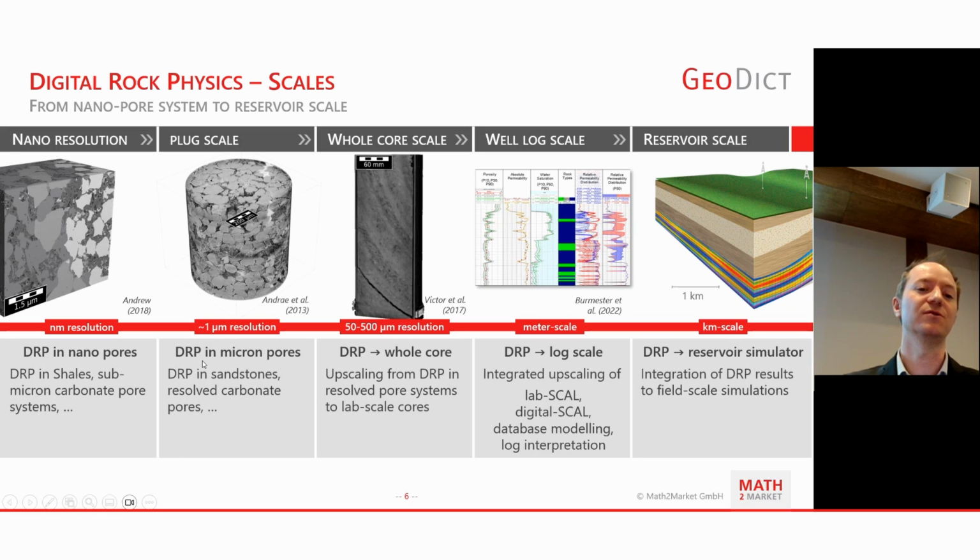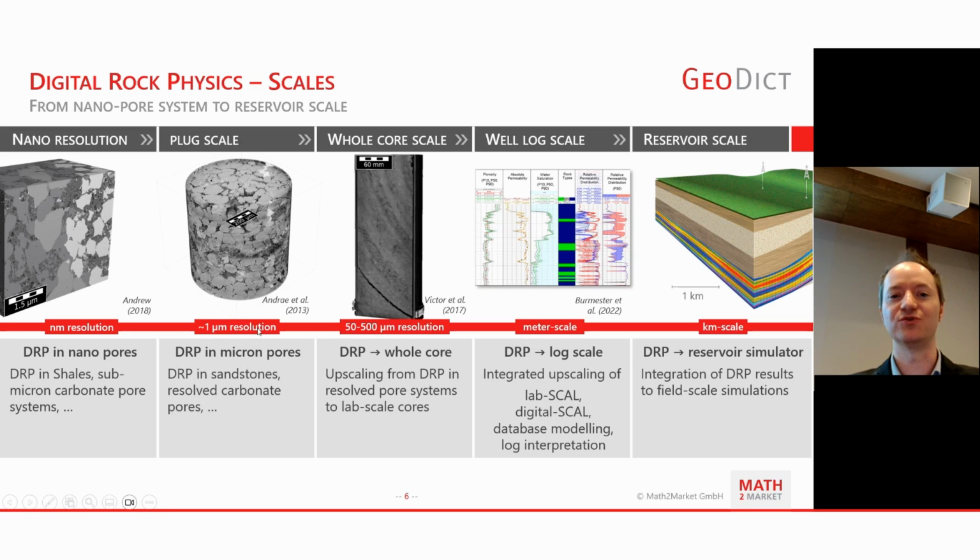But of course, you can also look with digital physics at nanopore systems. So going to nano resolution, you can do digital rocks in shales, look at the sub-micron carbonate pore systems like micrite, and all the other things like source rocks. So you can have a look at these different scales. Wherever you can resolve the pores, you can do a lot with digital physics.